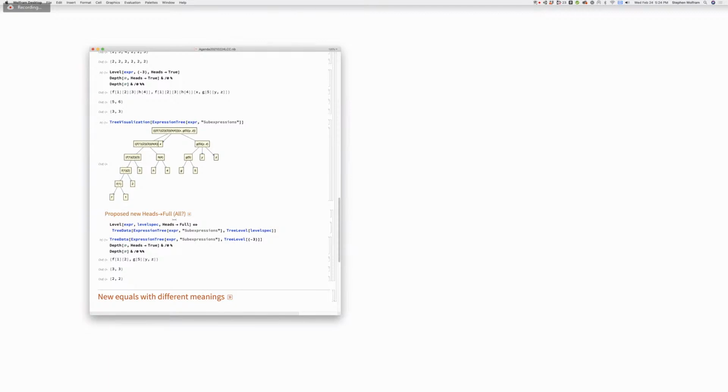And so the idea would be then, if I say map all heads arrow full, then I am burrowing all the way into the heads. Is that correct? Well, this only determines what you consider to be at a negative level.